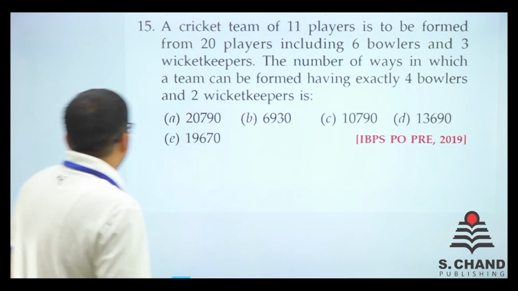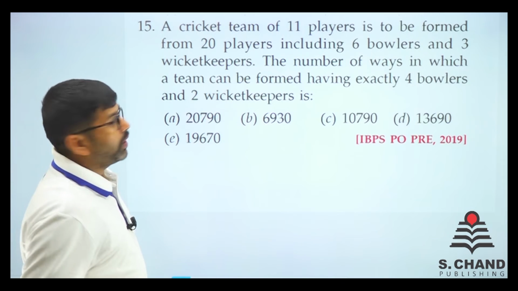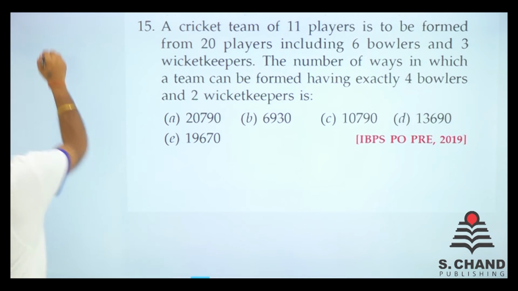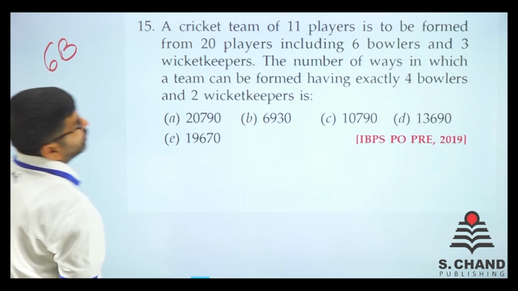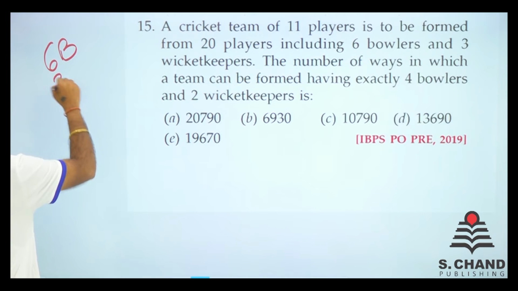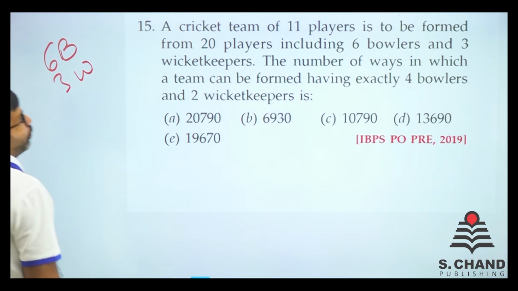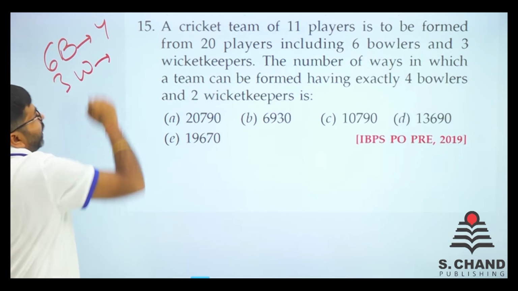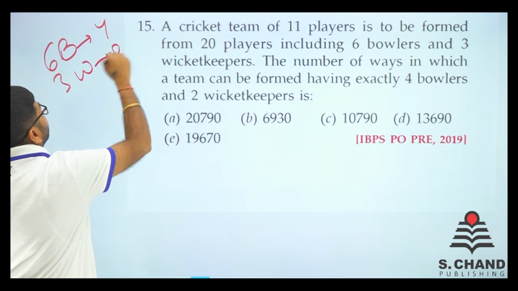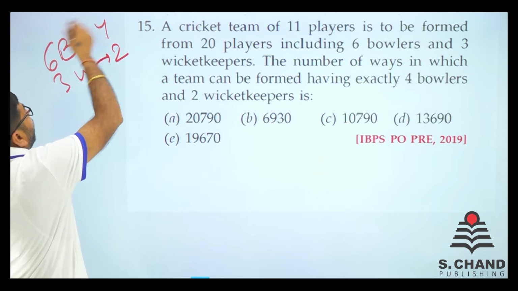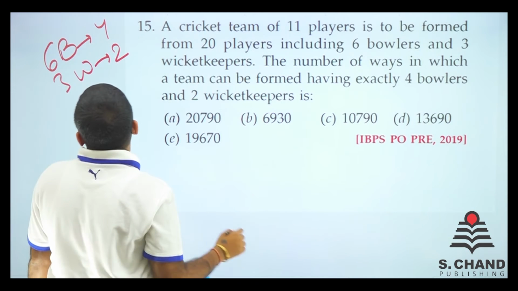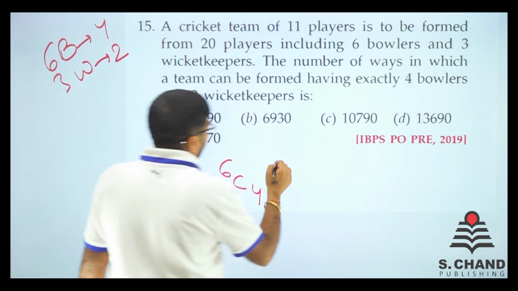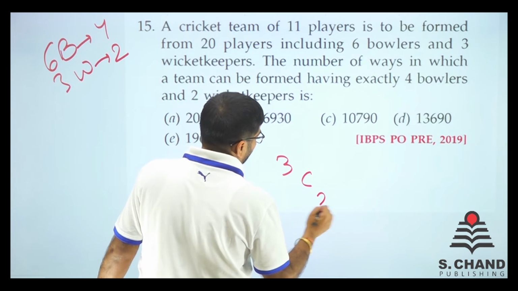See, out of 20, 6 are bowlers and 3 are wicket keepers, right? And from the bowlers, we need exactly 4 and we need exactly 2 wicket keepers. So in how many ways can you do it? You can do it 6C4 and 3C2.